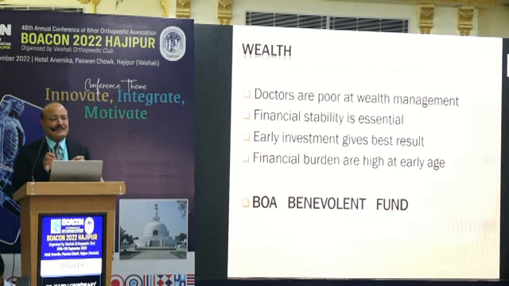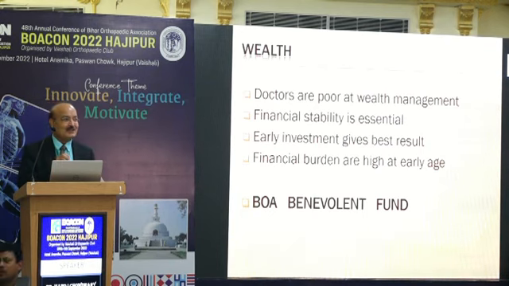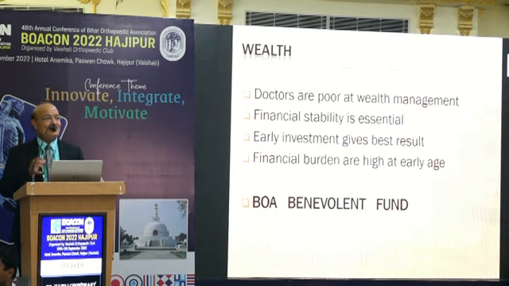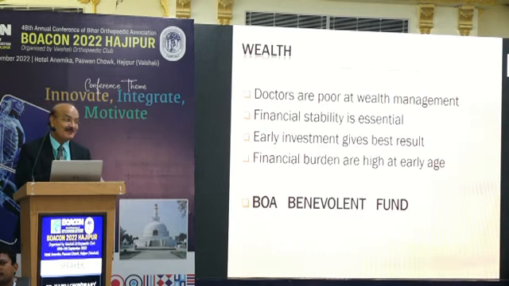If you think of wealth management, early investments in early life give the best results, because the wealth generated is quite high. But at the same time, financial burdens are very high at this early age. For example, loans for a nursing home, for a CR, for instruments, and their repayment.